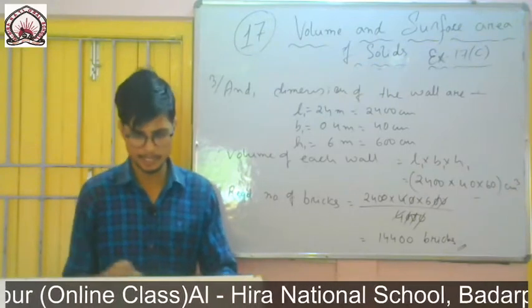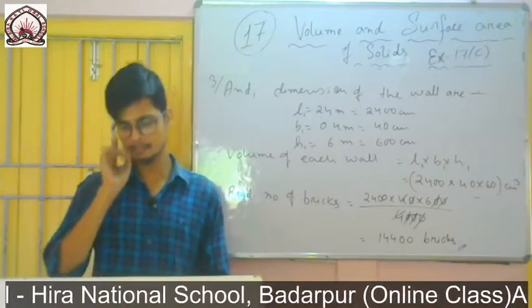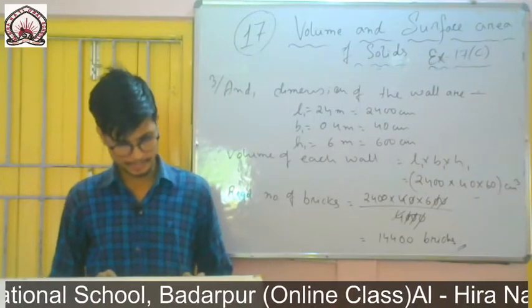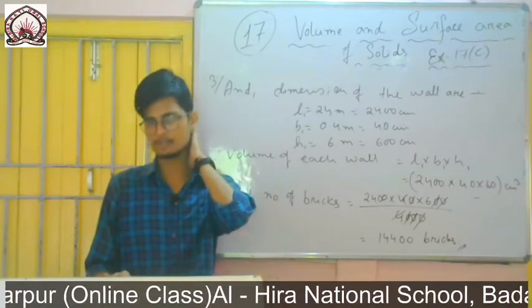Then you find the volume of the cardboard. Then you see volume of each book it is given 20 centimeter, 10 centimeter and 7.5. So dimension of each book it is given.